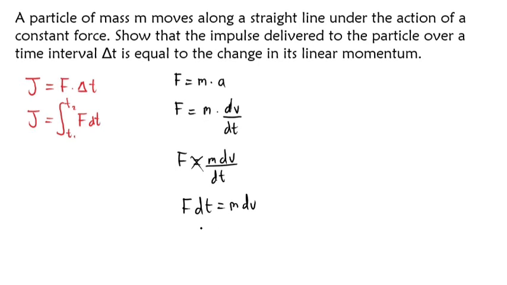Now, on the left-hand side of this equation, we're giving respect to time. On the right-hand side, we're giving respect to velocity. So I can bring in integrals on both sides. I can say the integral from t1 to t2 of F dt is equal to, on this side we're giving respect to v, so the integral from v1 to v2 of m dv. Now this mass is a constant, so we can push it outside the integral.